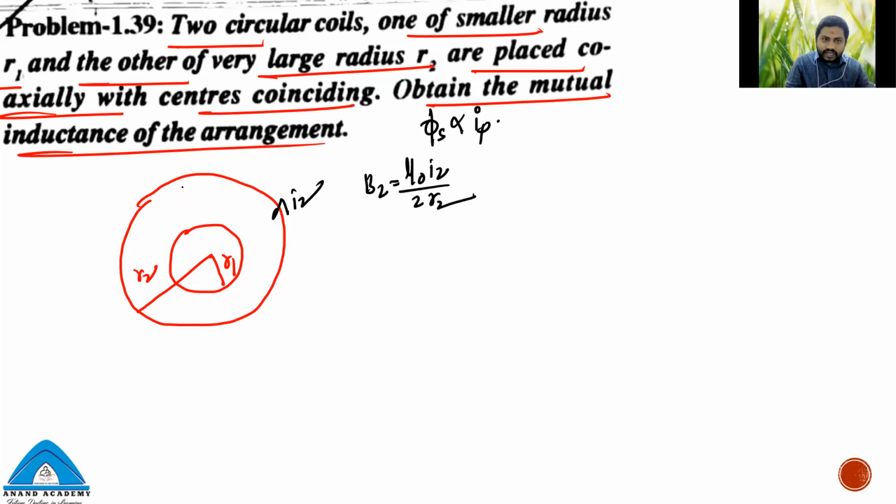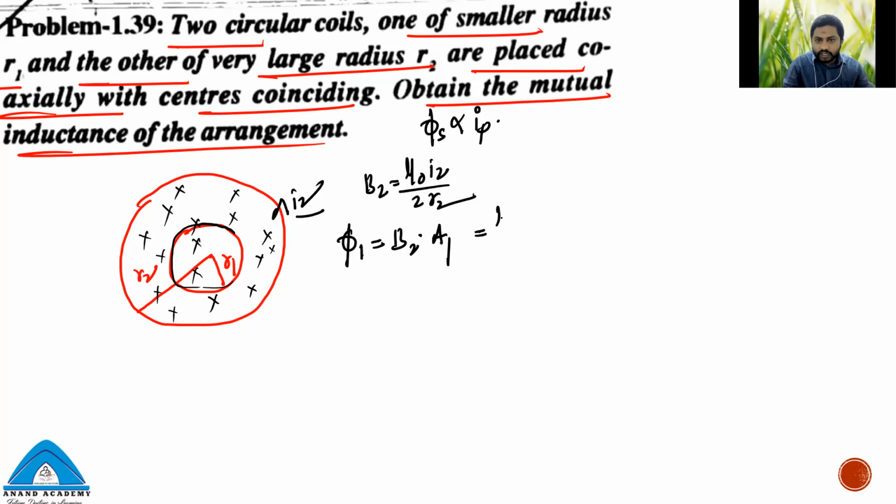And in that magnetic field, a coil of radius R1 is placed. Now, when this current is variable, there is a magnetic flux linked with the first coil. Understand? What is that? B, the magnetic field due to the second, into the area of the first one.